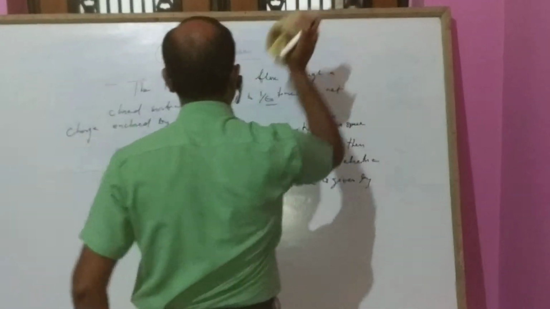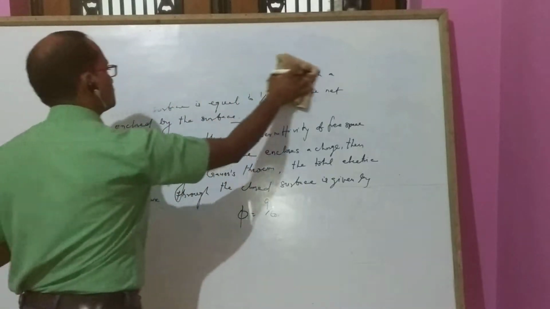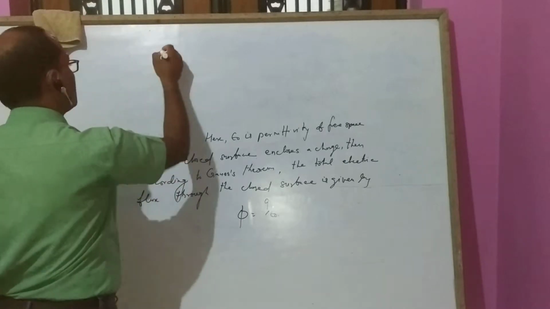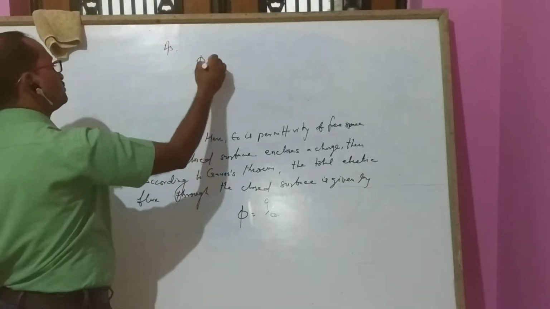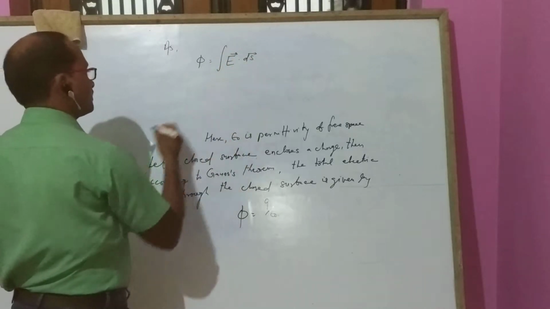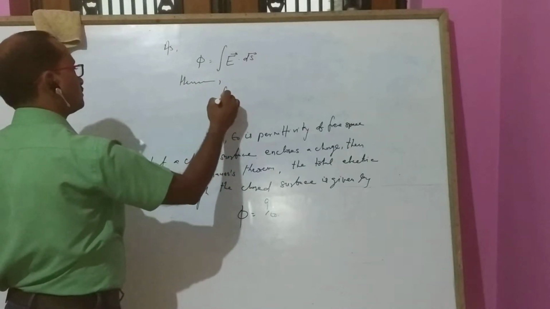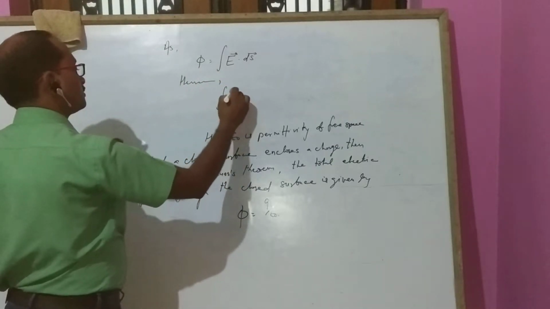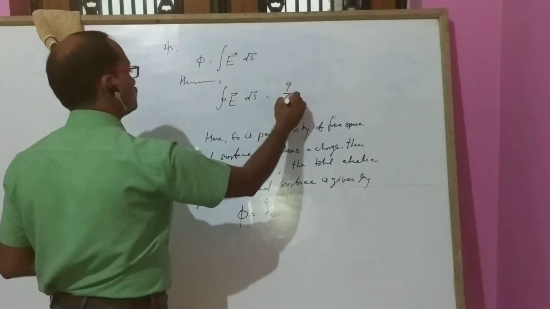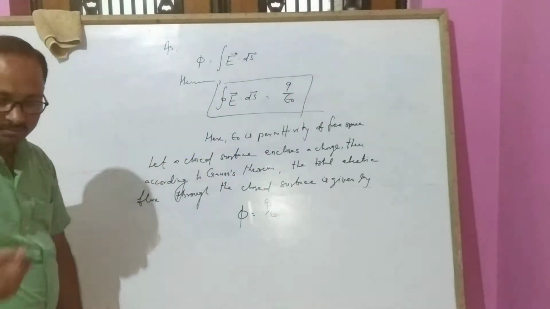Here phi represents the total flux through the closed surface, as phi is the dot product of electric field vector and area vector. Hence, the surface integral of E dot dS equals Q by epsilon naught. This is the relation from the Gauss theorem.